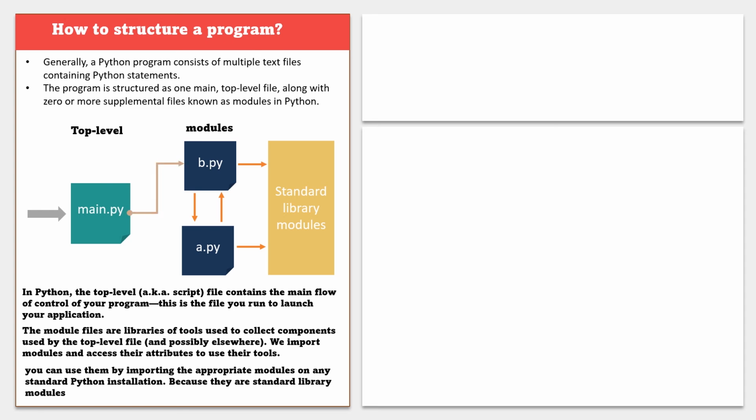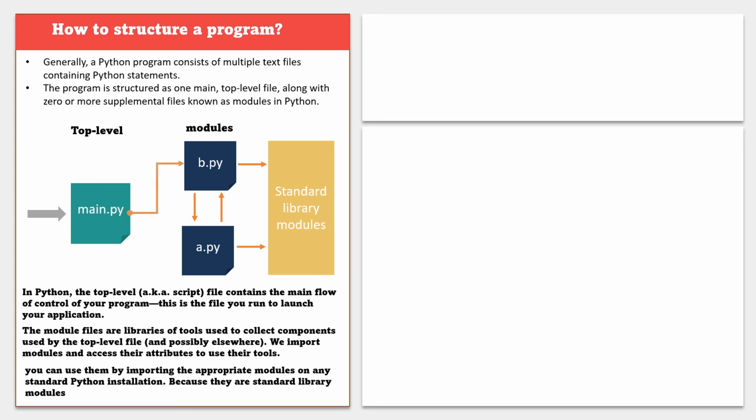Python automatically comes with a large collection of utility modules known as the standard library. This collection roughly consists of 200 modules. This is the latest count, it may vary. It contains platform independent support for common programming tasks.